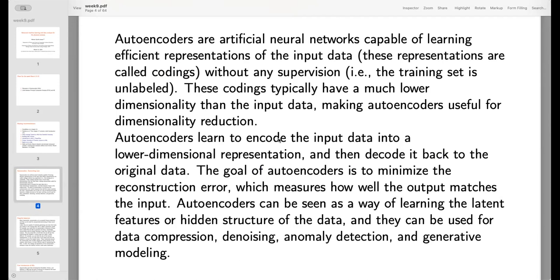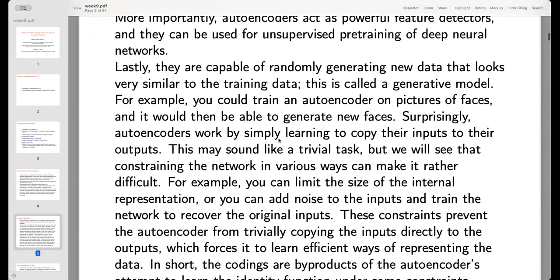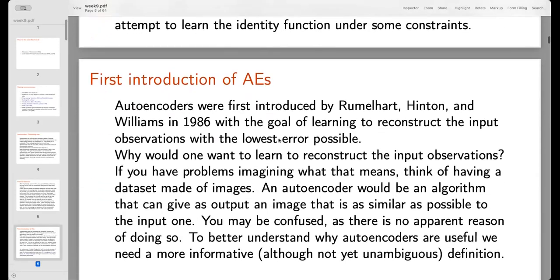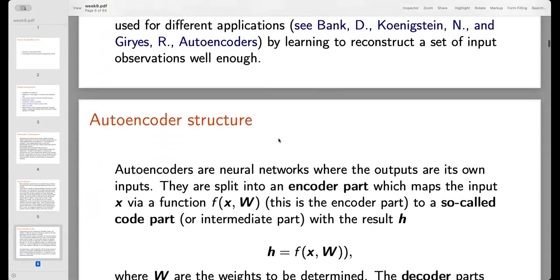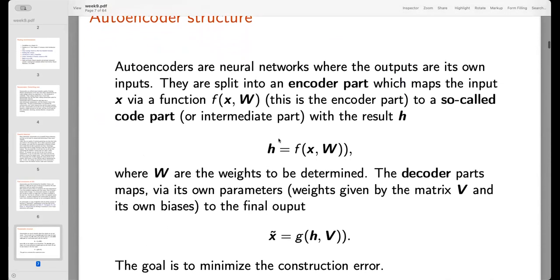Let me switch over to the whiteboard and give you a very simple example of how you can look at an autoencoder. In the text you will find much more information. You can read some of this yourself. There's a lot of background here on when it was introduced, etc. But the way we can look at this is as follows.